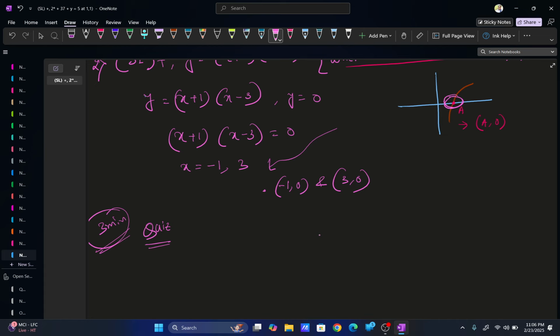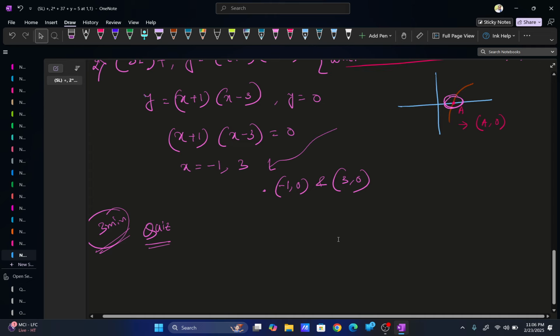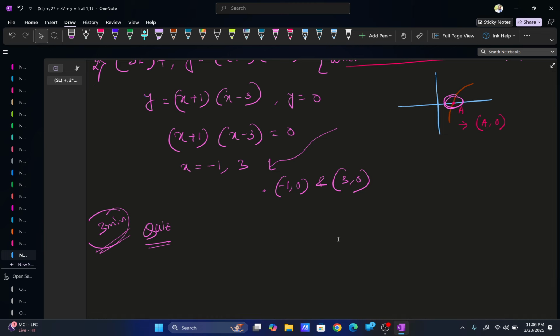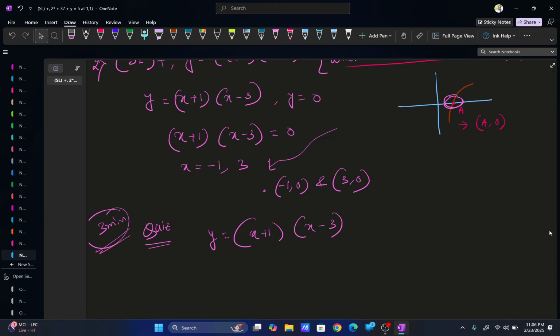Okay, now I solve the question. Actually we get y equals to x plus 1 into x minus 3.